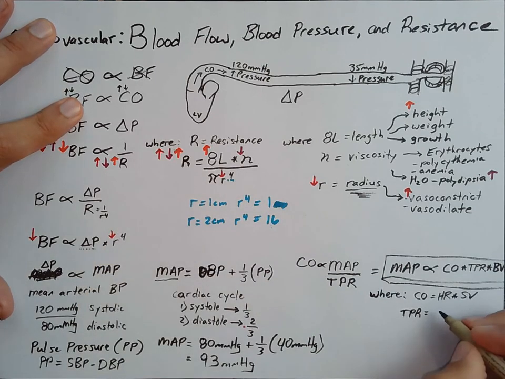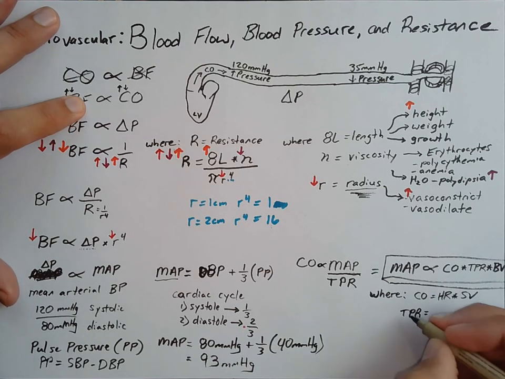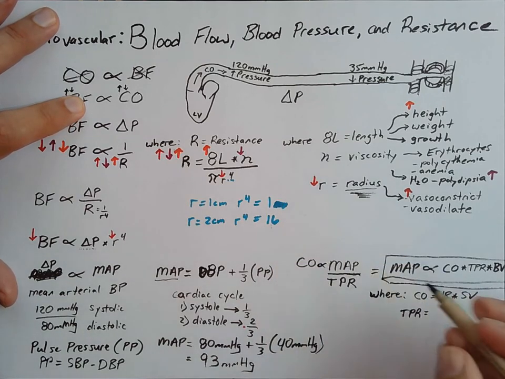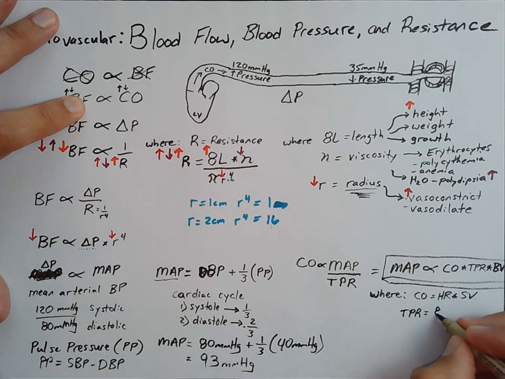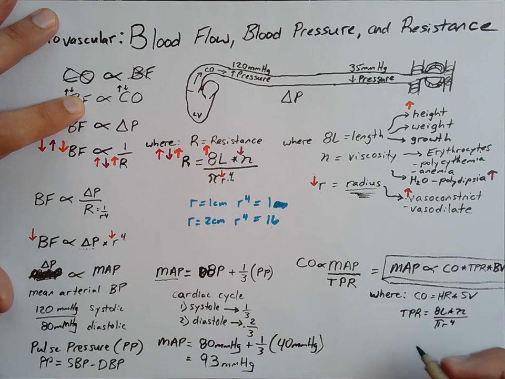So this is going to be 8 times the length times the viscosity all divided by pi r. I said squared, but to the fourth. And last is blood volume.